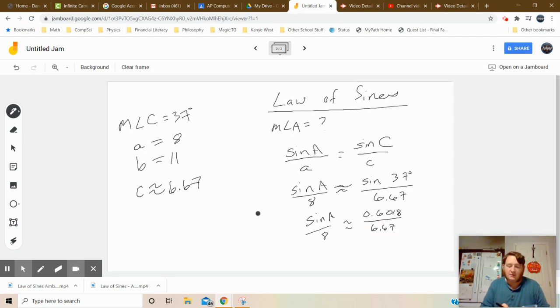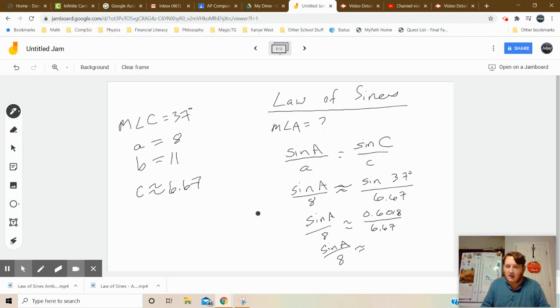That decimal that's on my screen divided by 6.67 is not a very big number.